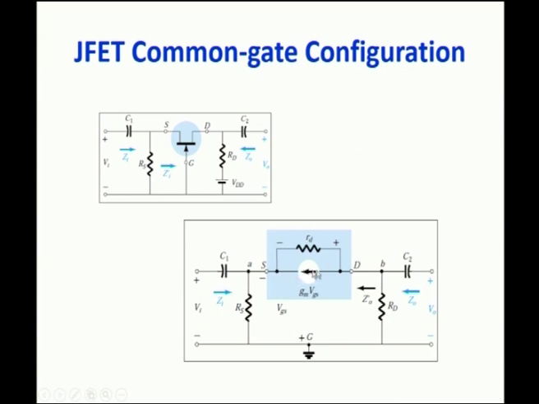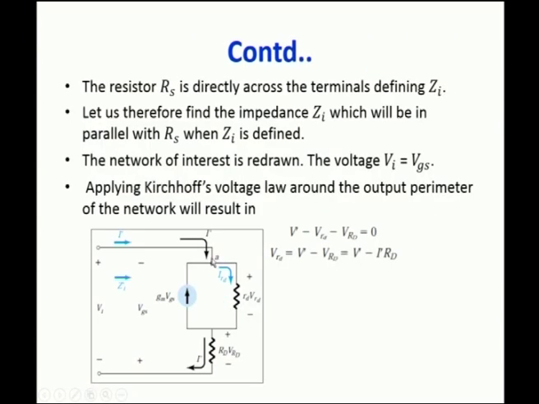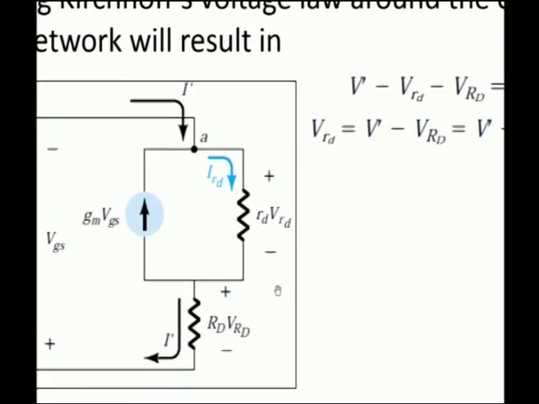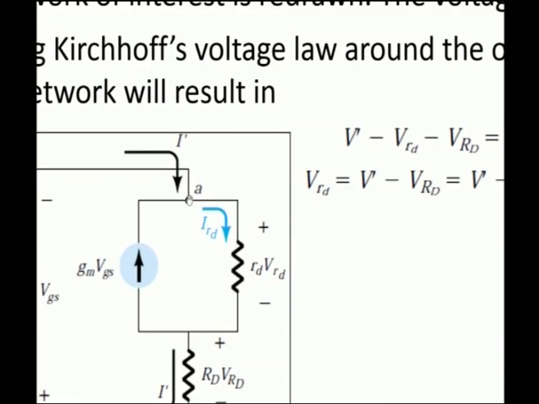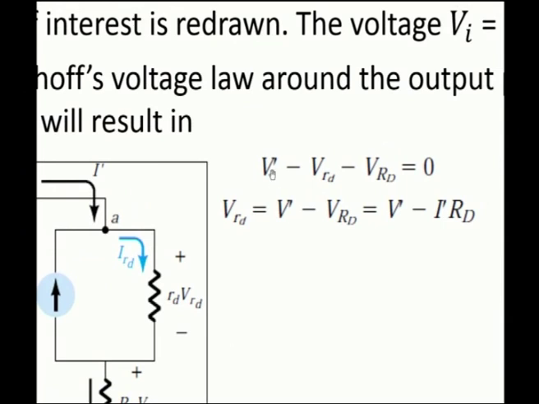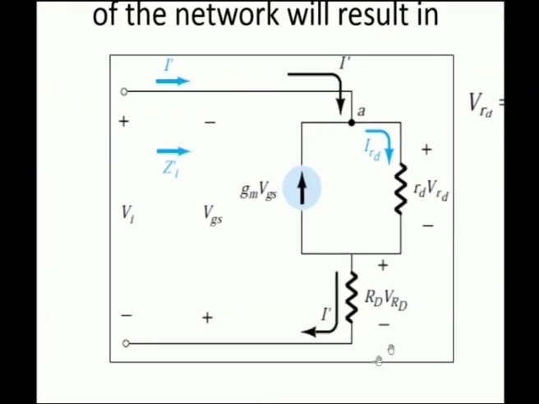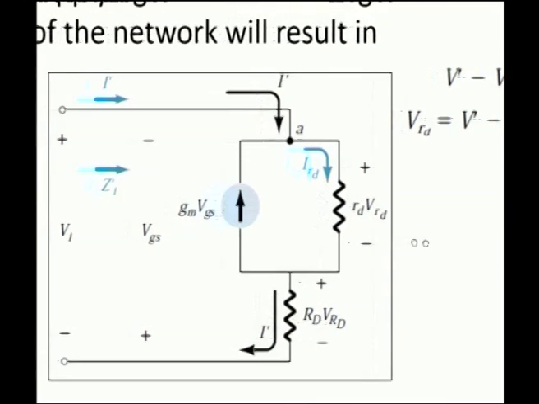Towards the source, the current source is pointed. So, here this is the source terminal, this is the drain terminal. A becomes the source terminal, and this is the drain terminal. And what is V'? V' is the voltage at this node A. So, when you apply KVL to the perimeter of this network, what is KVL?